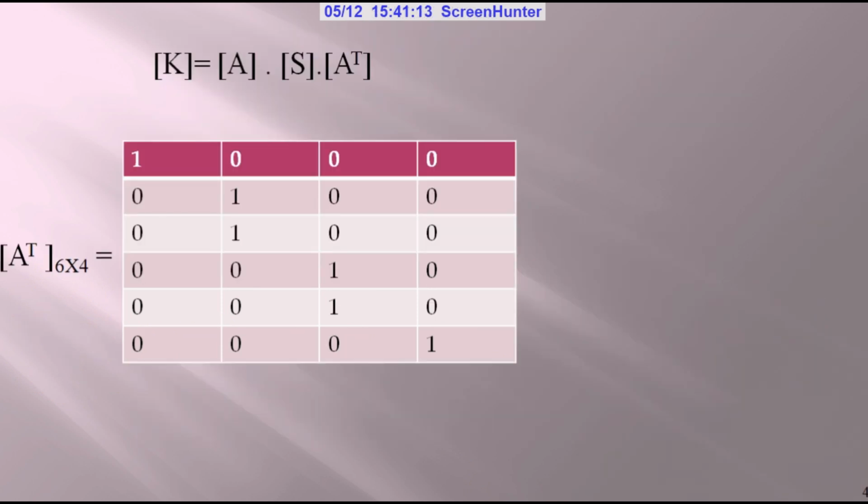So if you will observe carefully, we have static matrix, we have stiffness matrix, and transpose of the matrix is very simple. We have converted the static matrix A into transpose of the matrix. Now simply you will multiply these matrices and you will get global stiffness matrix.